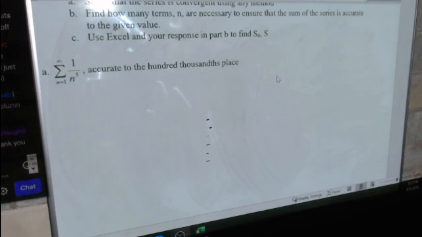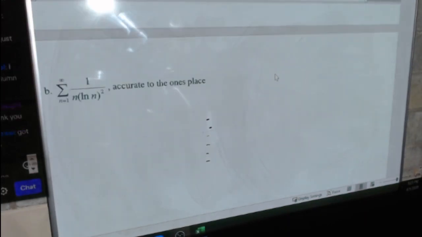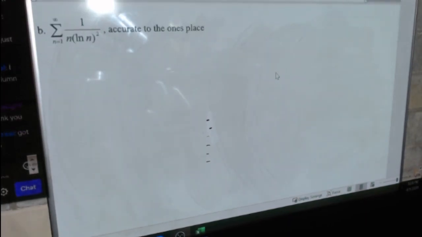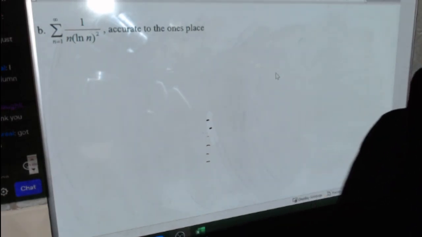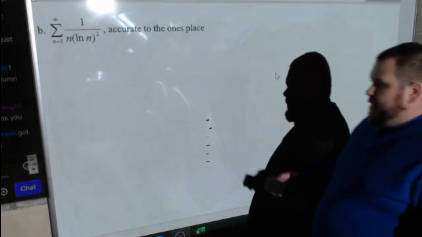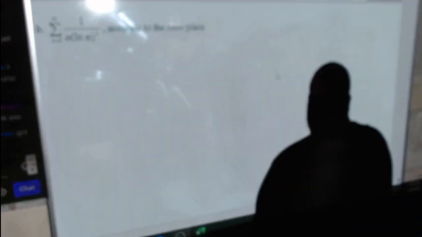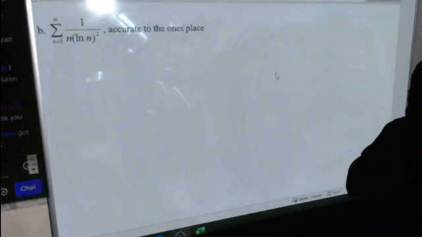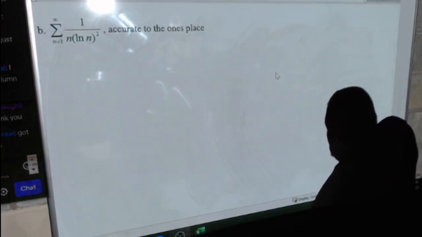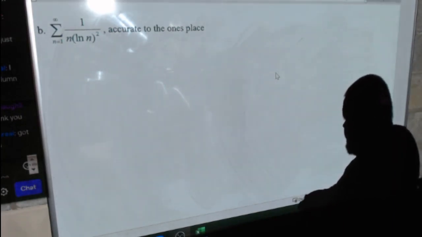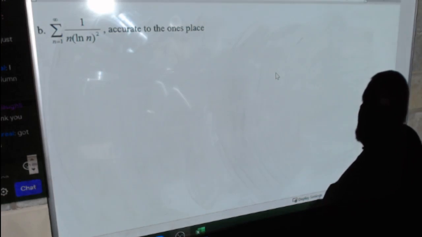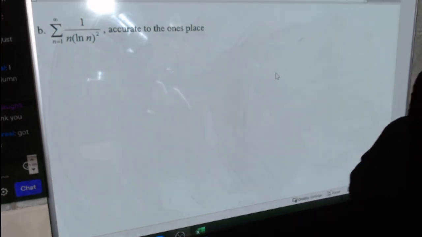So I think we have one more example to do, which is this one. And again, typically if we were in class, I would have you guys do this one. All right, so first I need to prove that this is convergent.